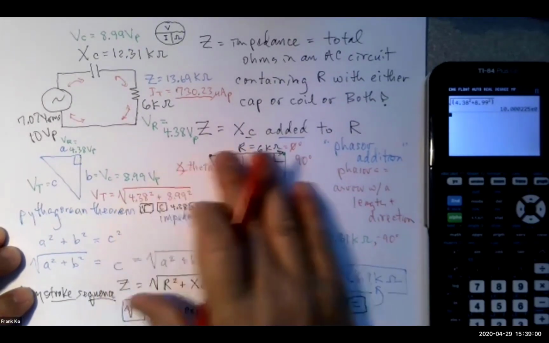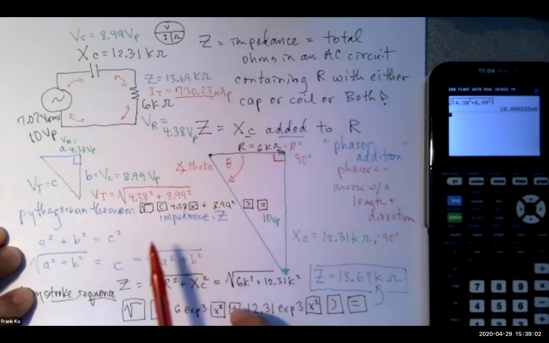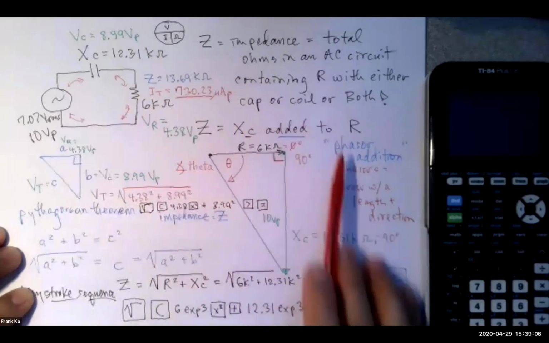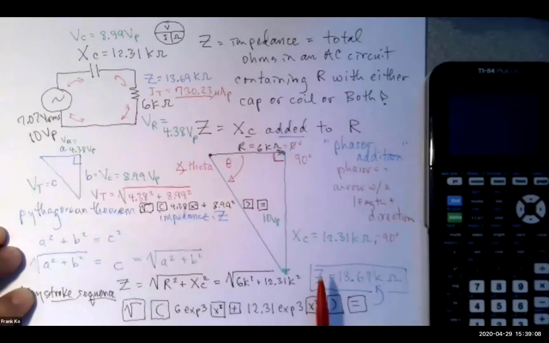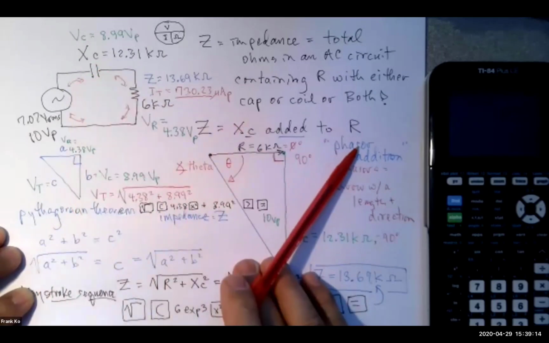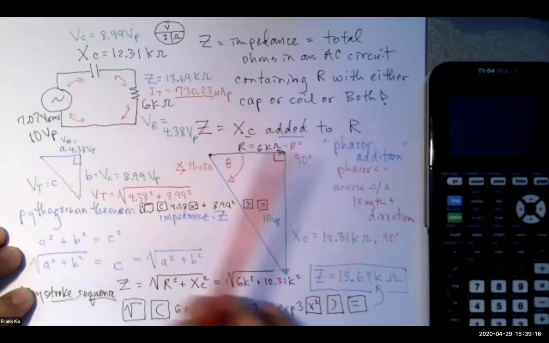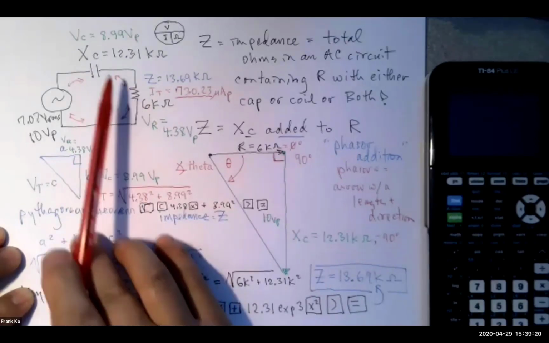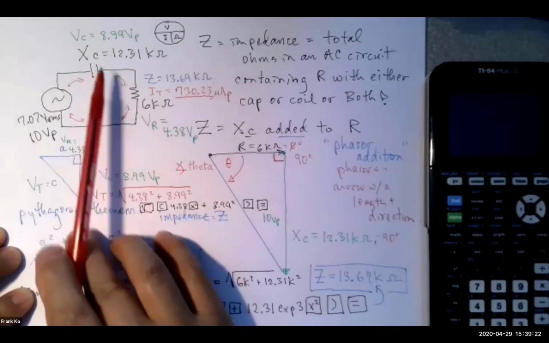But before I go to play with theta, are you okay with these issues we've discussed so far? The first time you've been introduced to phasors, and we draw phasors because in a capacitor with a resistor circuit, these quantities are out of phase with each other. Why are they out of phase?